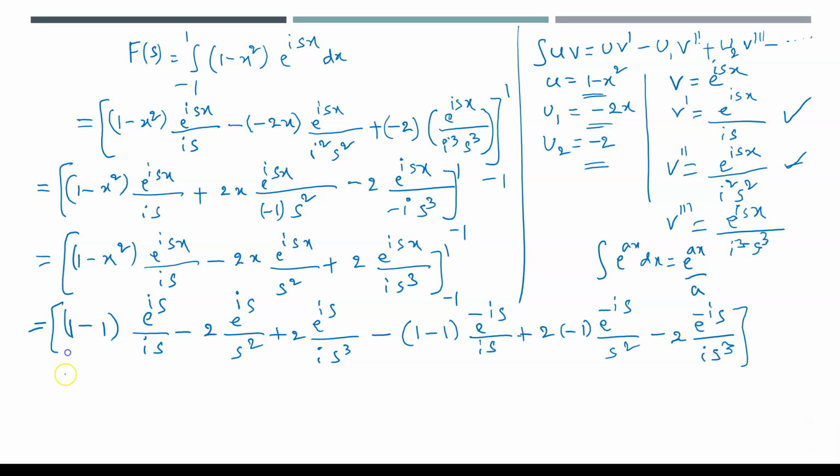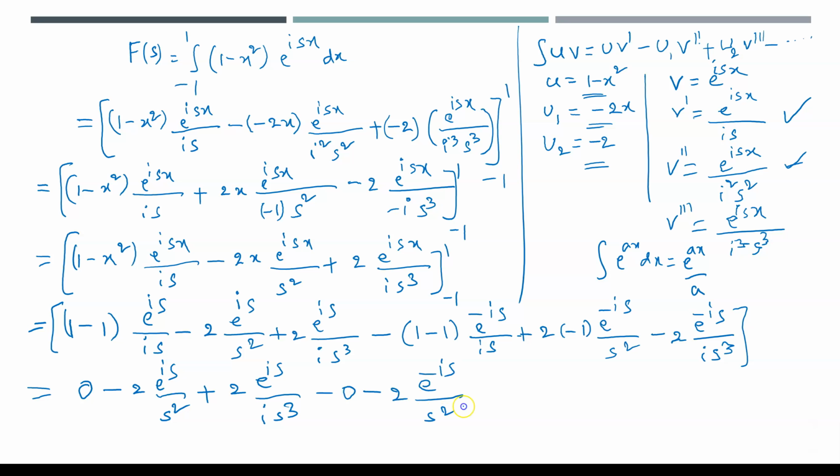So let us simplify this. Here the first term becomes 0. Here minus 2 into e power is upon s square. Here plus 2 into e power is upon i s cube. Here again this term becomes 0. Here minus 2 into e power minus is upon s square. Here minus 2 into e power minus is upon i s cube.